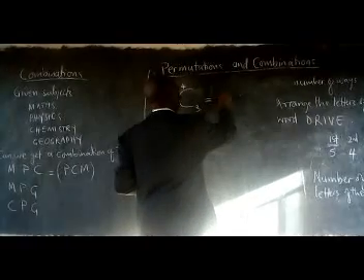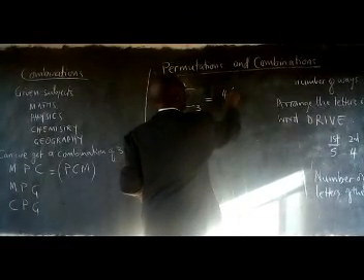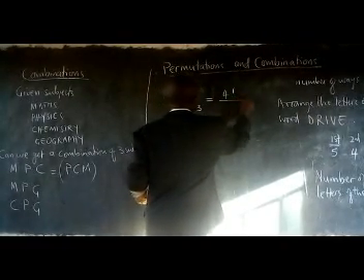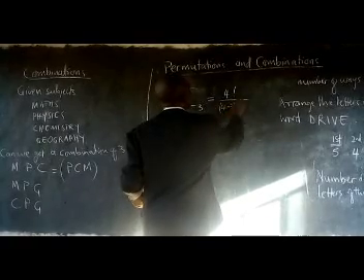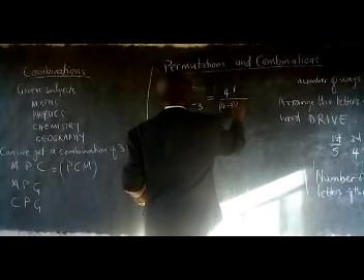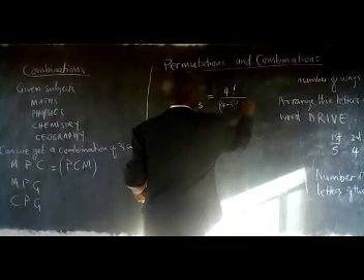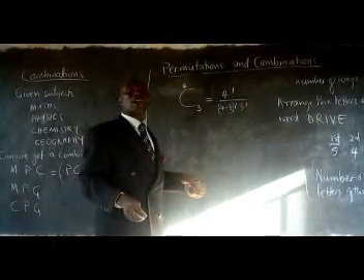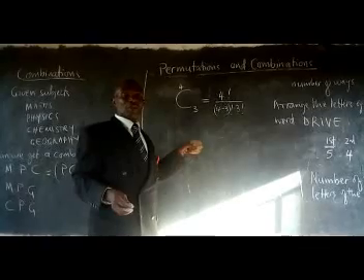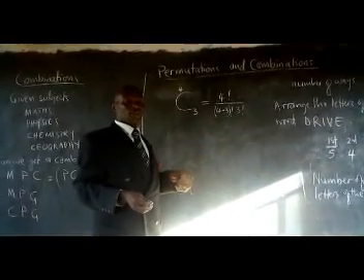So this one means 4 factorial over 4 minus 3 factorial times 3 factorial. That formula will help us a lot if you can try to remember it.